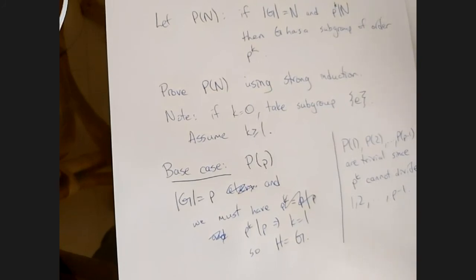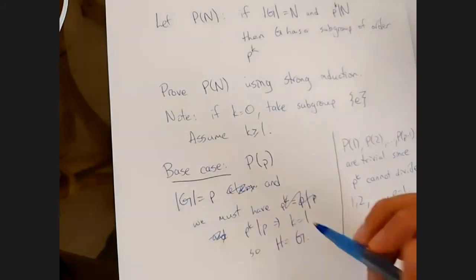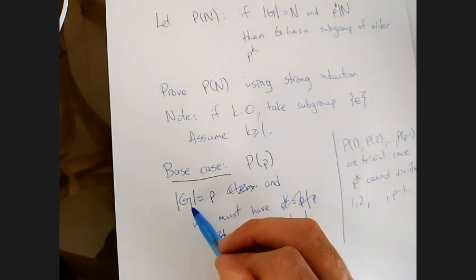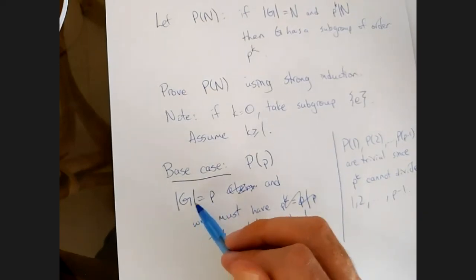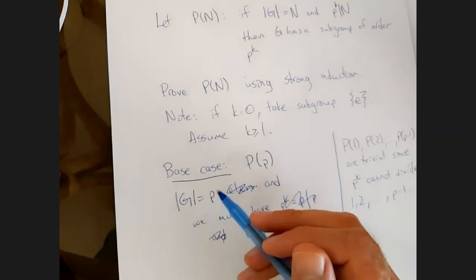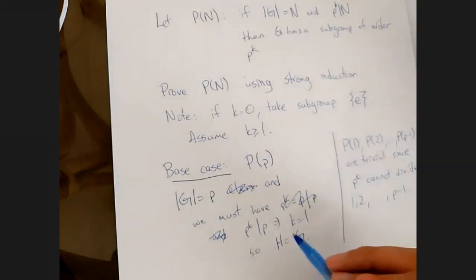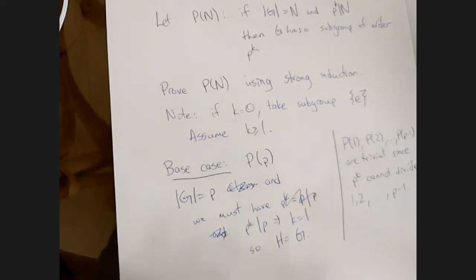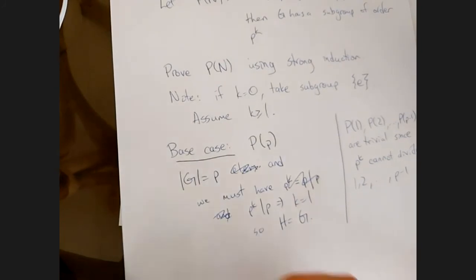Again, we're trying to prove that assuming p to the k divides the order of G, and the order of G is p, then G has a subgroup of order p to the k. Under those restrictive conditions, k has to be 1, and so we can take H to be the entire group G. Okay, so now we do our strong induction hypothesis.